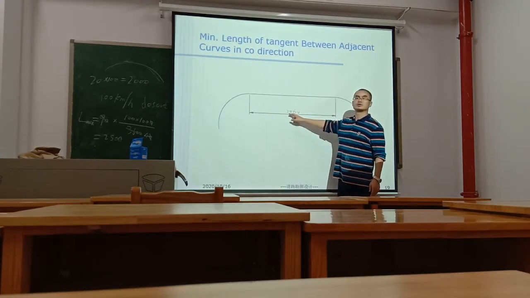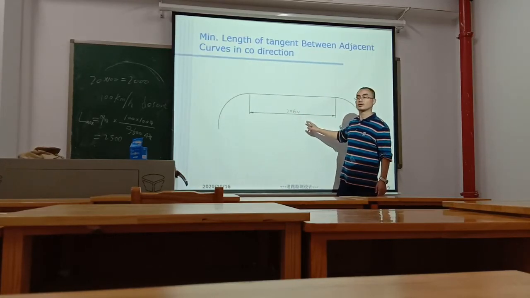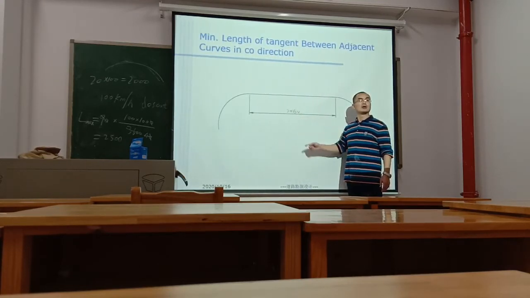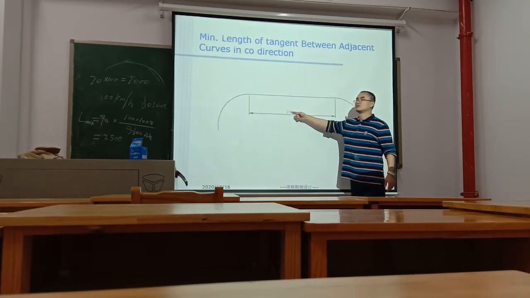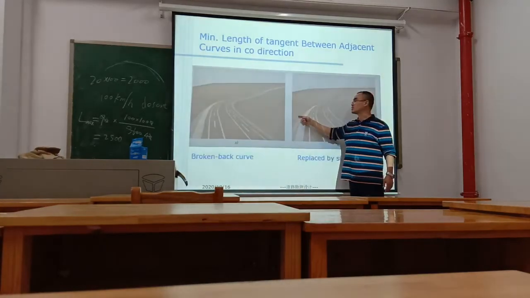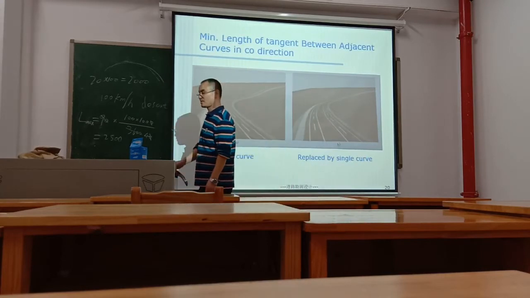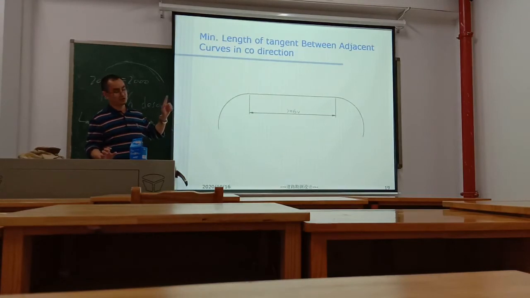It is greater than or equal to 6 times V. The unit of V is kilometers per hour, but the unit of the result is meter. Not kilometer. The unit of the result is meter.